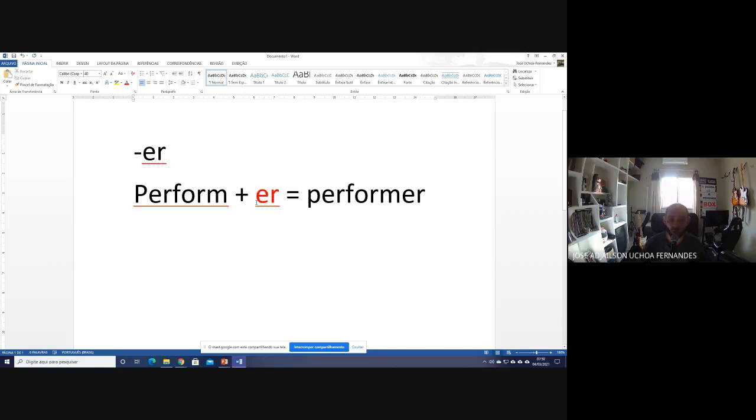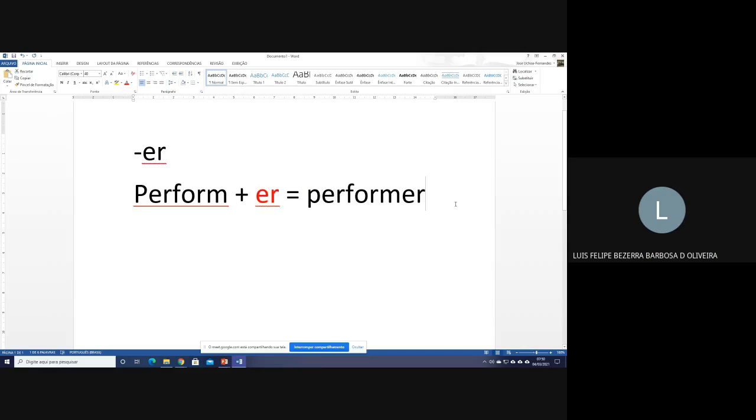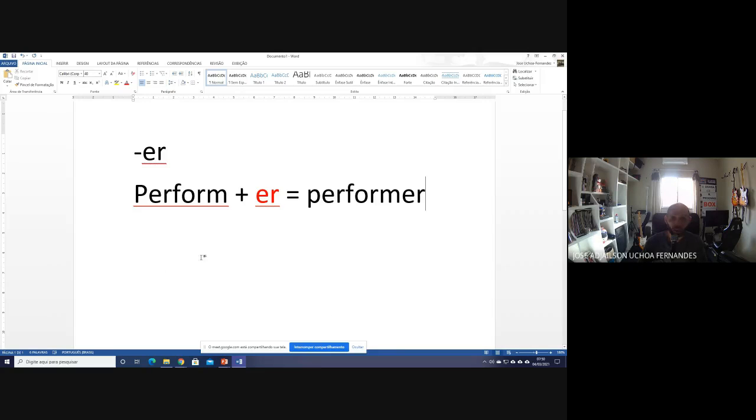Now, what is this suffix for? It transforms the verb into a noun. Yeah, so I can say that another word for transforming is deriving. So it derives, it's derivational. This is the first information I have about er. Er is derivational. Now it turns a verb into a noun.